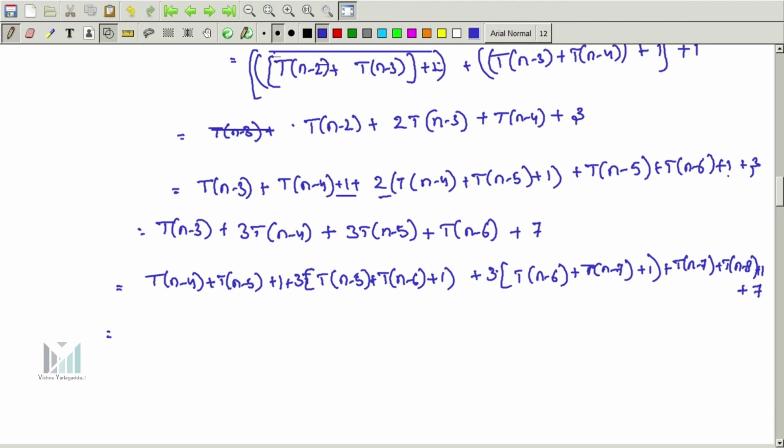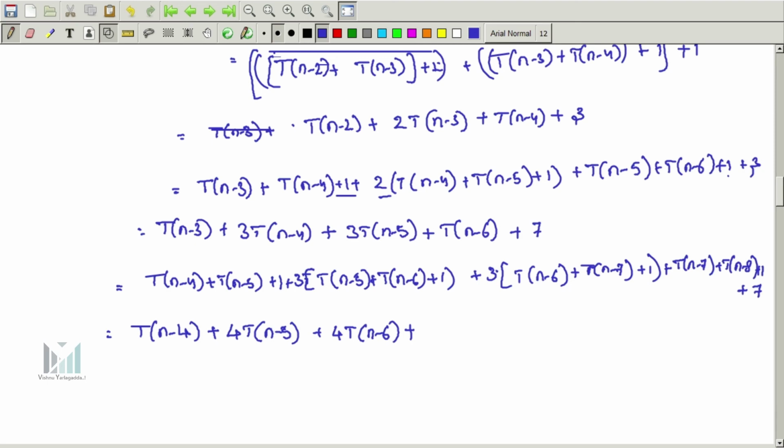So which is equivalent to T of n minus 4 plus 4T of n minus 5 plus 4T of n minus 6, plus, what could be the next value?